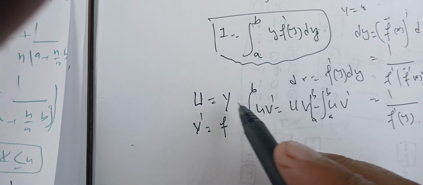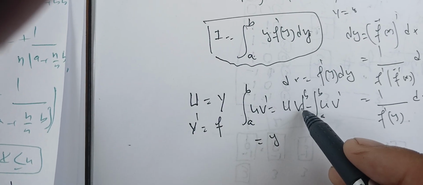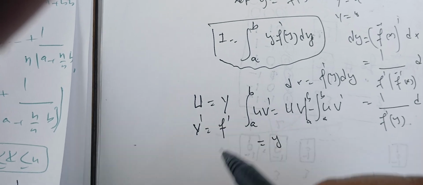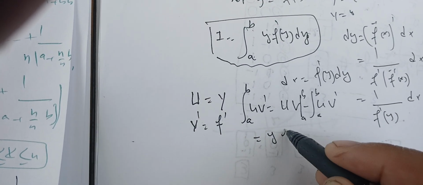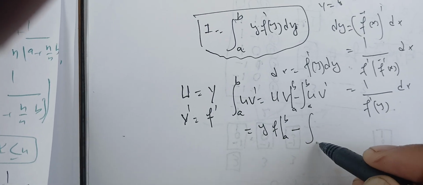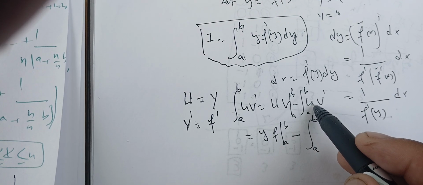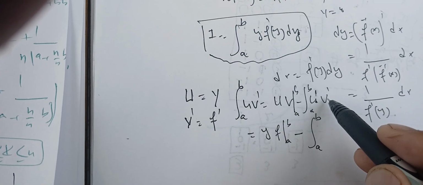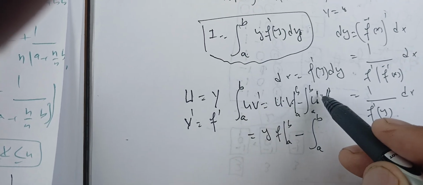Once I do that, u is y, and v prime is f prime, so v is just f. So uv is y f between a and b, minus the integral between a and b of u prime times v. I made a mistake: the integral of u v prime is uv minus the integral of u prime v.